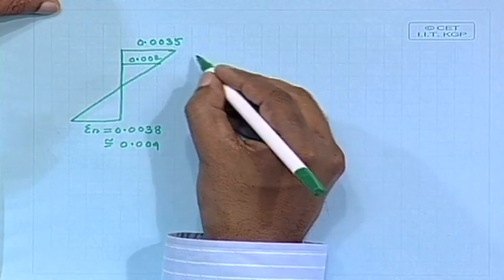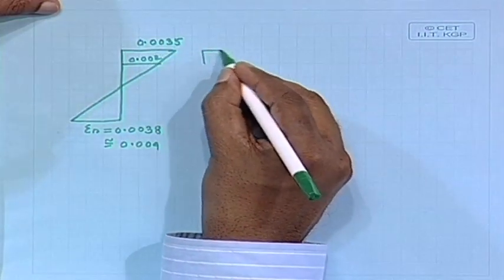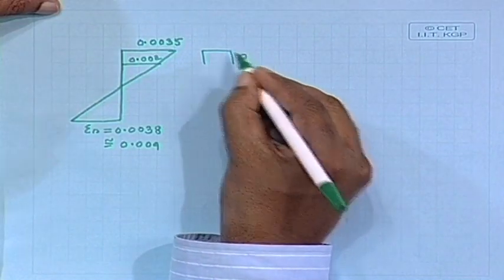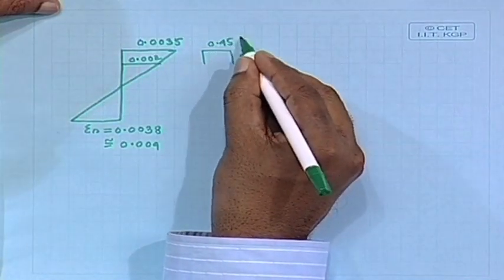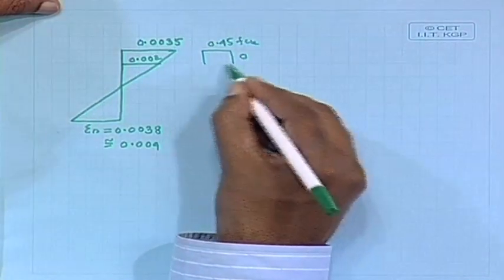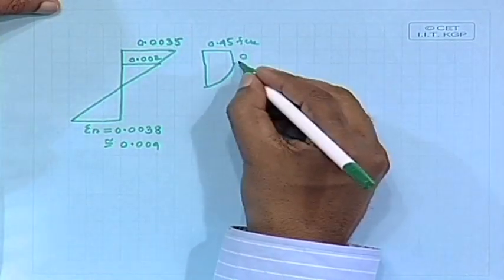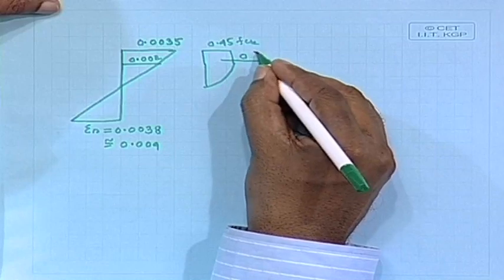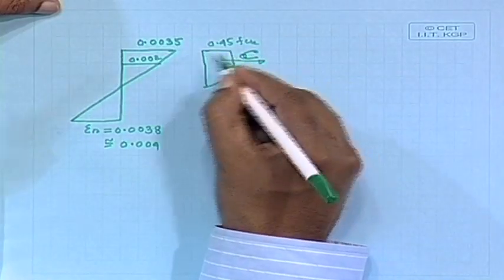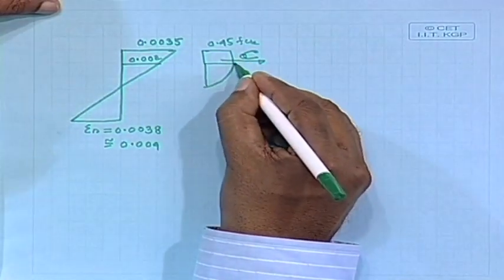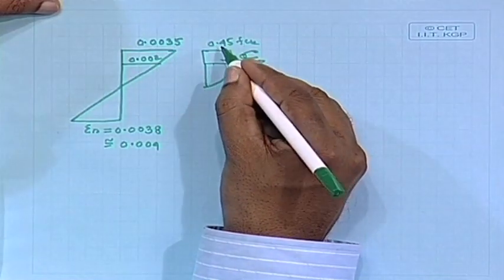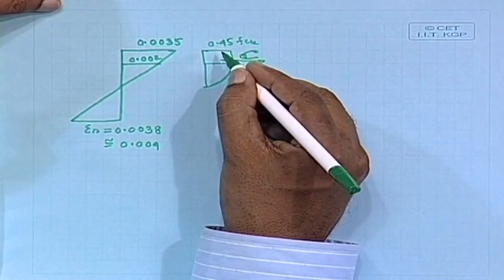because above this 0.002 we shall get the stress 0.45 FCK. So, this is the level beyond which, above this, we shall get 0.45 FCK.